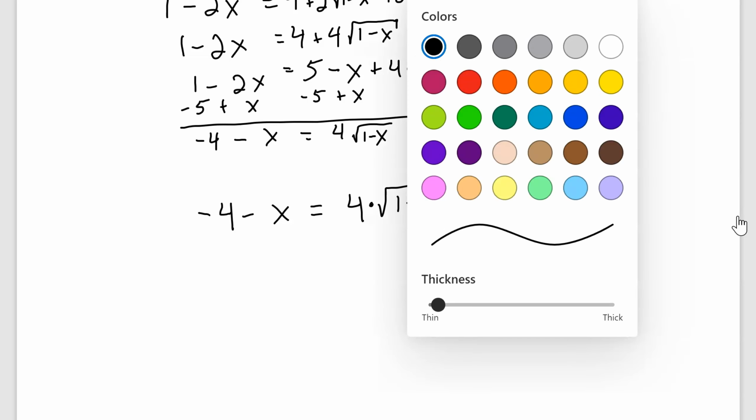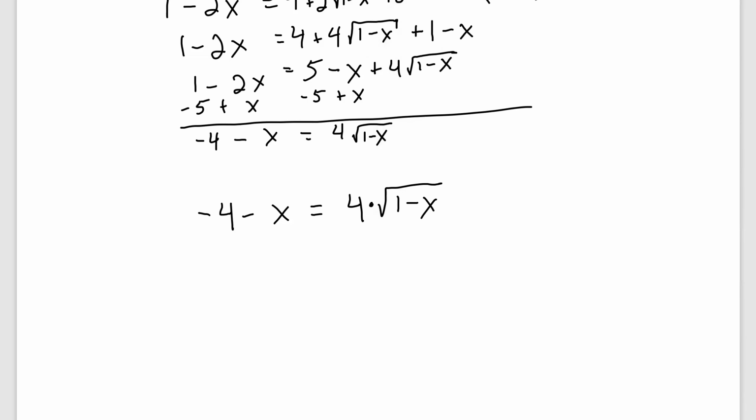So I'll show you what happens if you don't divide and you square both sides, because it can be done. On this side, okay, it gets squared. So negative 4 times negative 4 will give me a positive 16. Negative 4 times a negative x will give you a positive 4x, another positive 4x, and a positive x squared.